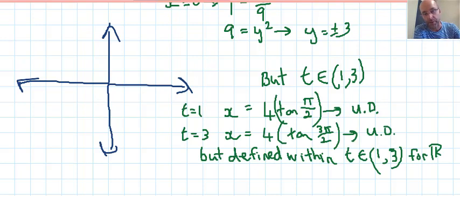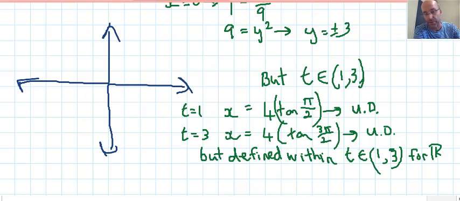We know that with the help of technology, like a graphics calculator, plus your knowledge of tan, we know that tan pi on 2 is undefined because it's 1 over 0. Same with 3 pi on 2, our knowledge of the unit circle and so on. But we can use our graphics calculator to work out those two limits. It's undefined, but that's alright because it's an exclusive domain there.